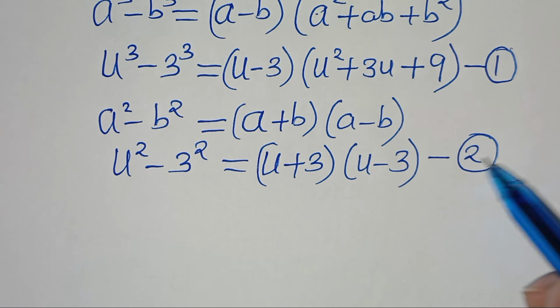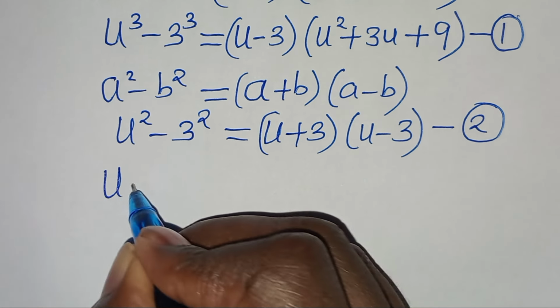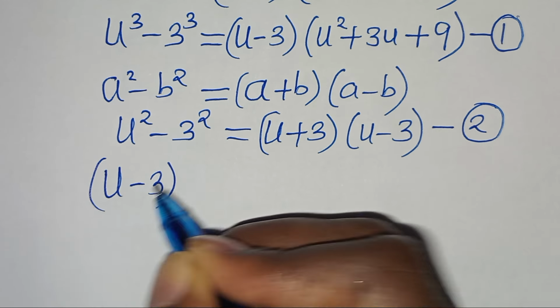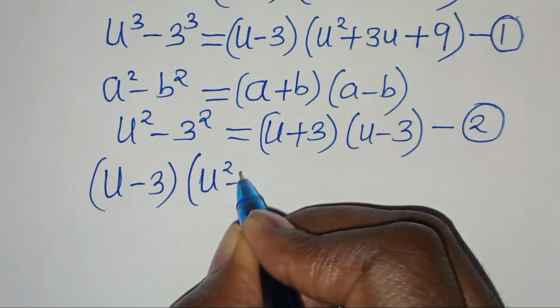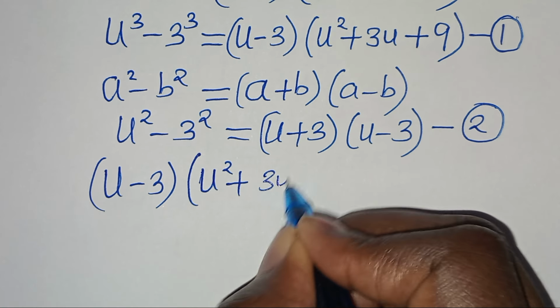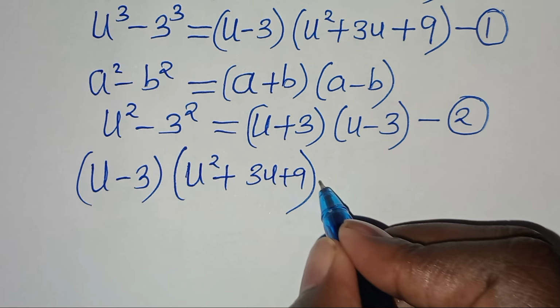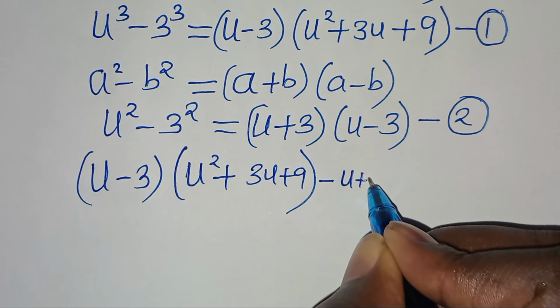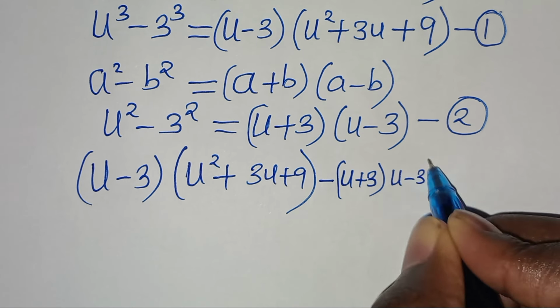So we can combine equation 1 and 2 as follows. We have u minus 3 into the parentheses, this is u squared plus 3u plus 9, close the parentheses, then subtract u plus 3 multiplied by u minus 3.